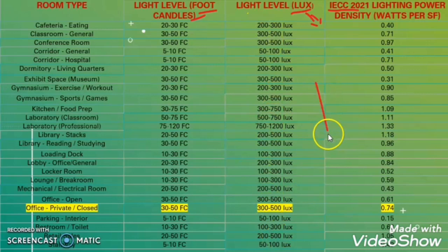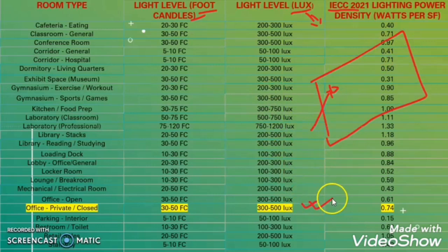What does it mean? Suppose there is a room and this is an office room. If we take a lux meter to every corner of this room and randomly take the reading of the lux, then the lux level at every point of the room must be between 300 to 500, because we are calculating the lux level in an office.